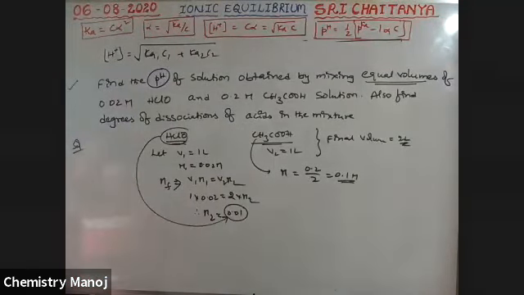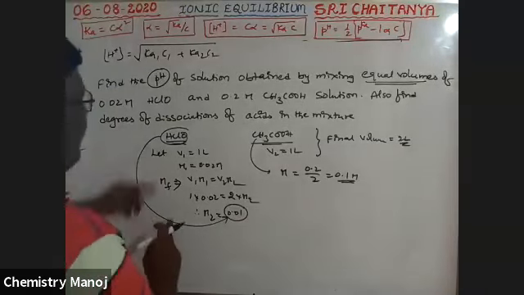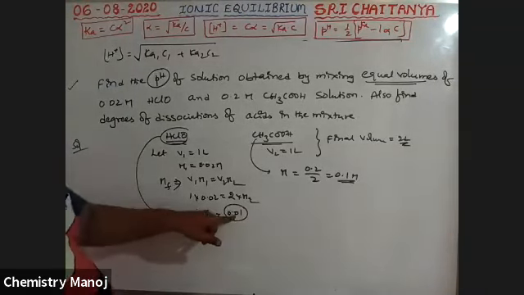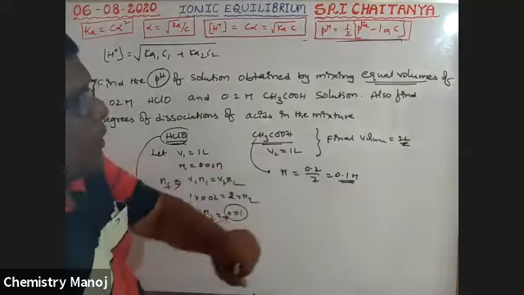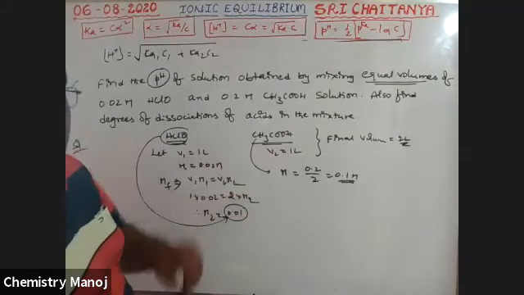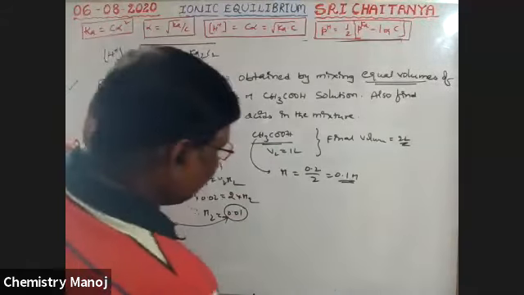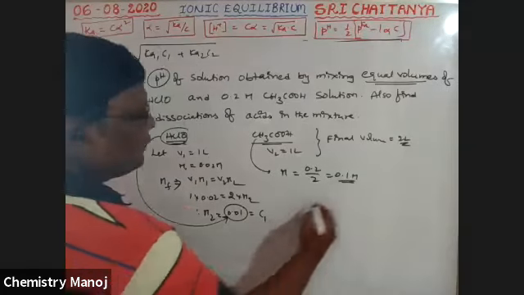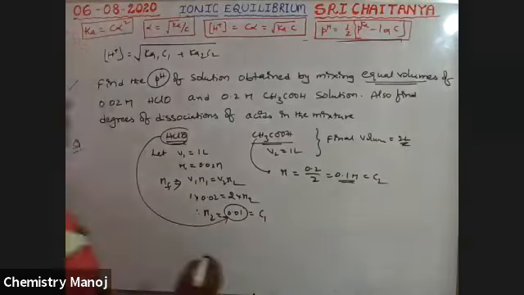Finally, in the final mixture, HClO concentration is 0.01 and CH3COOH concentration is 0.1. This is C1, this is C2.